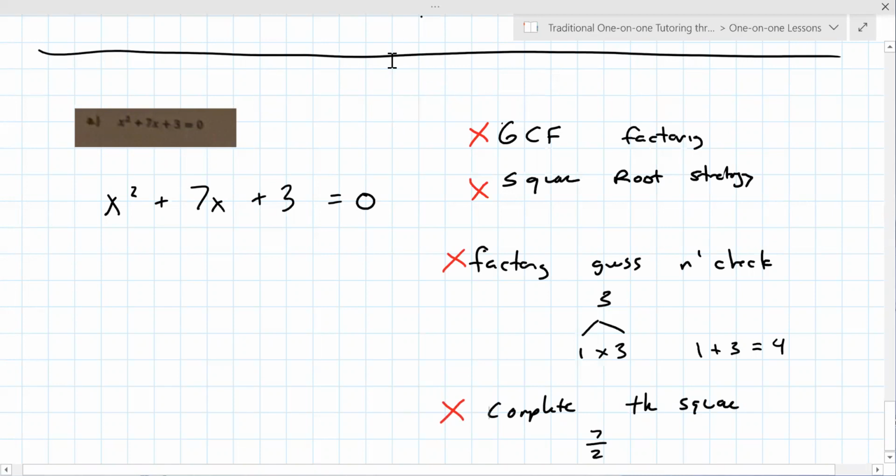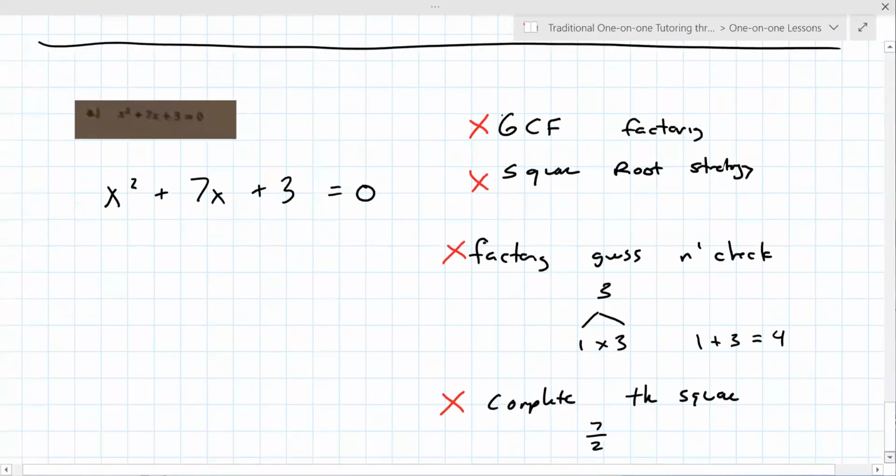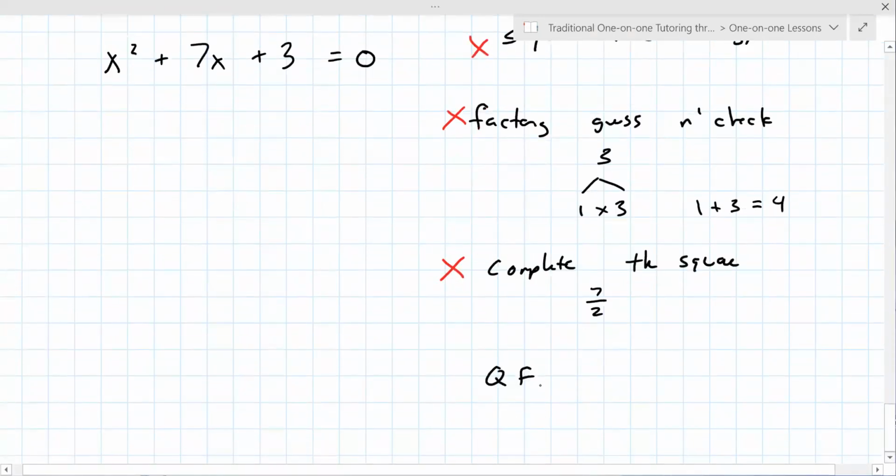So the last one that would be reasonable here would be the quadratic formula. You said you want to do one on that, but this is the approach here. You either just say, oh yeah, that's the one, or you go through your list and say, well, that doesn't look so good. So this is the one we want. For the quadratic formula, you need A equals, B equals, and C equals.